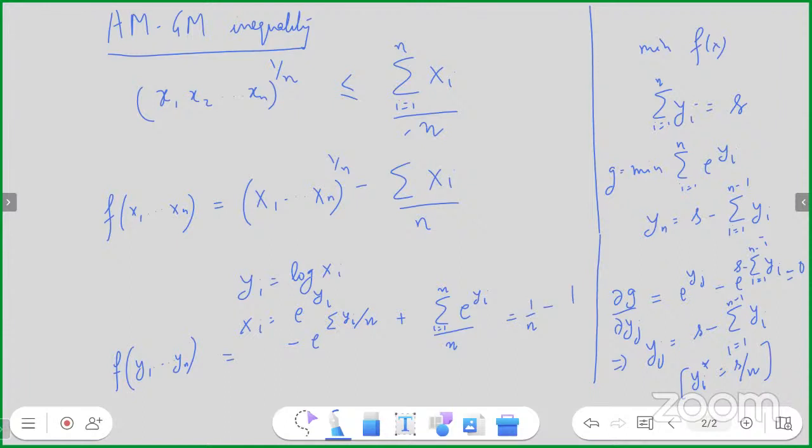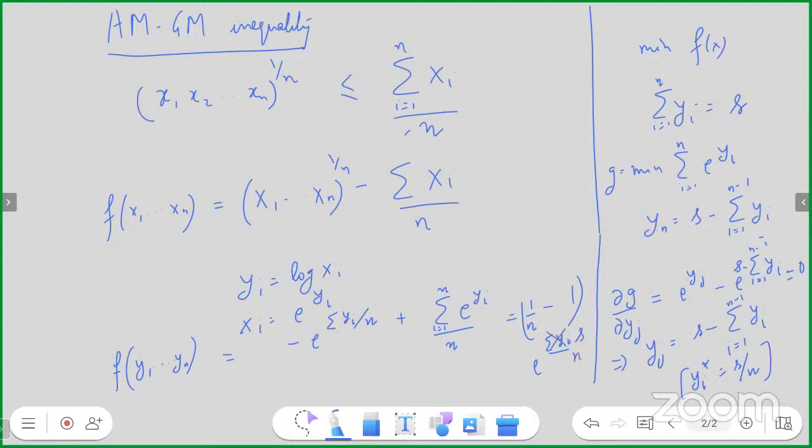Into e to the power, all of this, the summation of yi by n. The expression of y is just s. Okay, so let's put this in place of that.